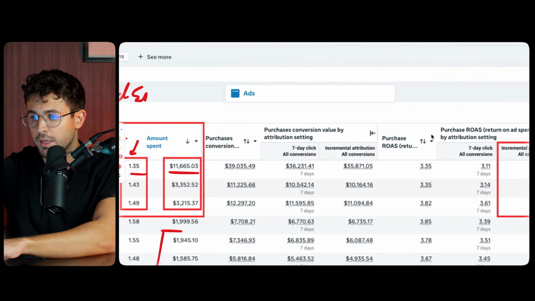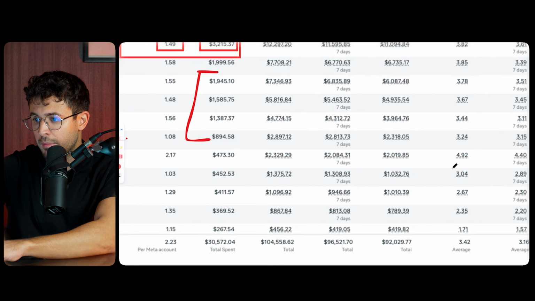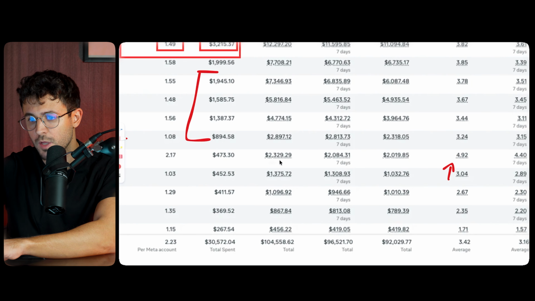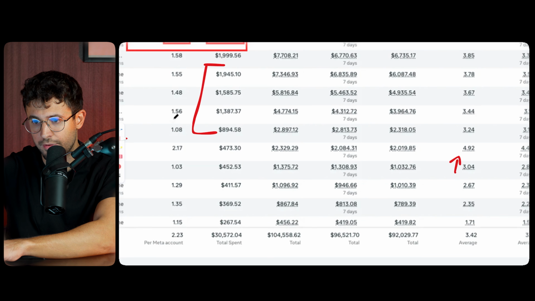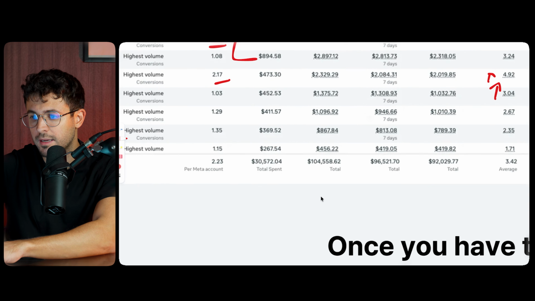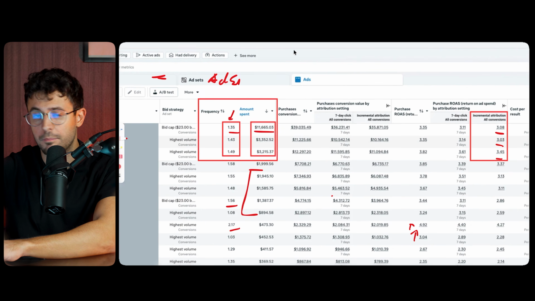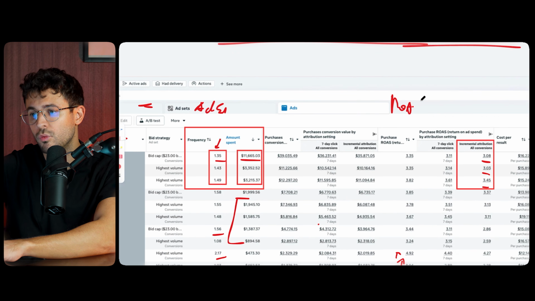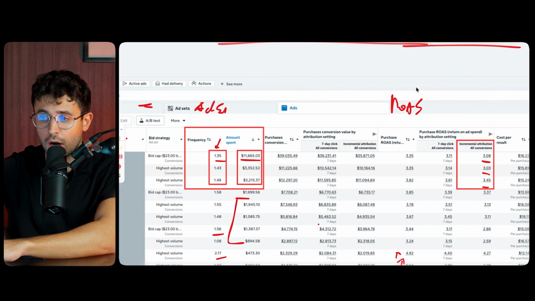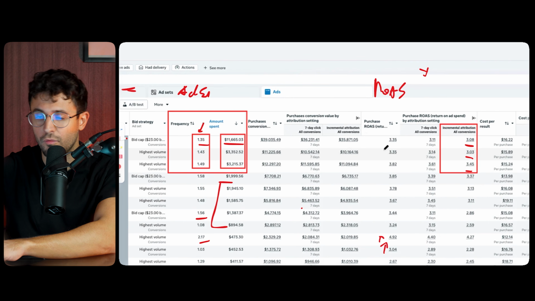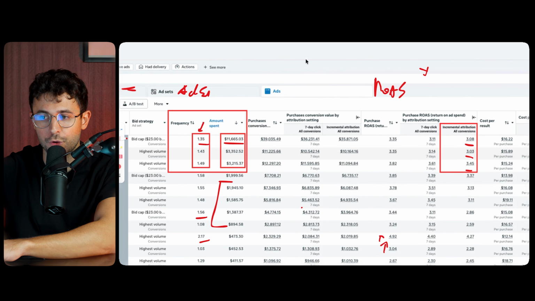So you're going to see this one might go down a little bit, but because maybe any of this goes up, of this other ad with let's say a higher frequency like this one or this one, okay, this will go up. And so the overall ad account or ad set campaign ROAS will keep stable, or might even increase sometimes. It's very not common, but it might happen that when you increase the ad spend, the ROAS goes up.